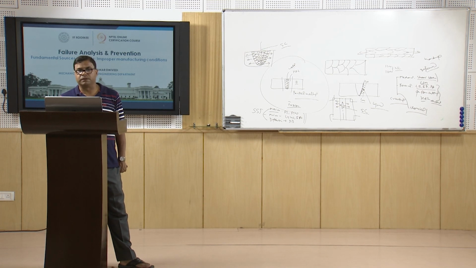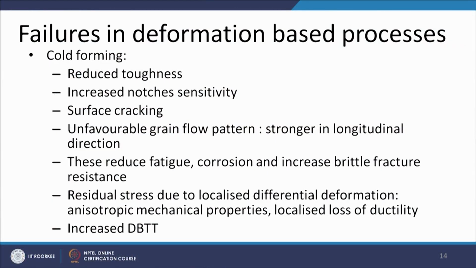of the deformed component. Now, the failures in deformation based processes can occur due to a variety of reasons, a variety of features which are imparted to the product during manufacturing by the deformation based processes.